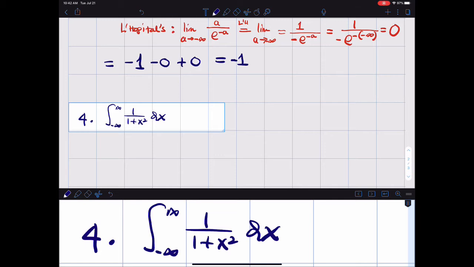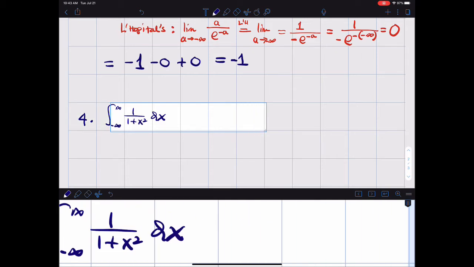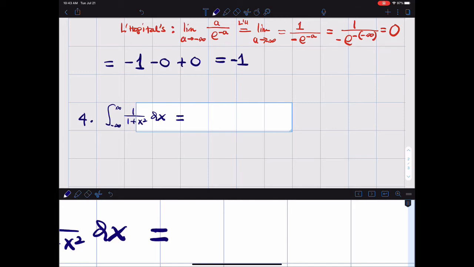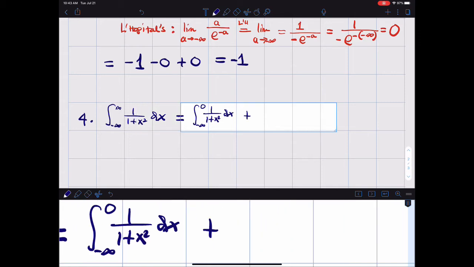But if you look at this, you will see that we have negative infinity to infinity. Whenever you have negative infinity to infinity, you want to break it up into 2 improper integrals involving at least one of the limits being a finite number. So we go from negative infinity maybe to 0 of 1 over 1 plus x squared dx plus 0 to infinity of 1 over 1 plus x squared dx.